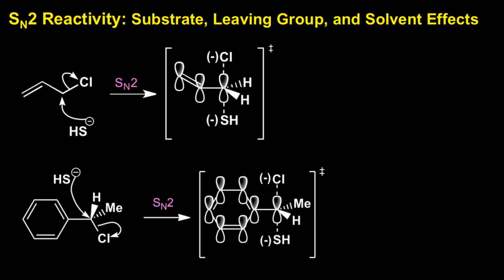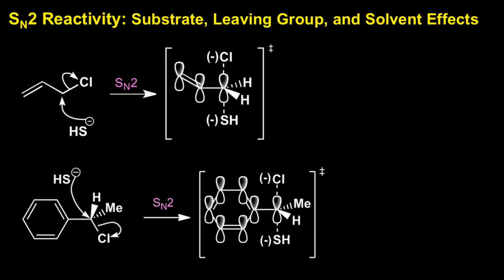Allyl and benzyl halides are in a class of their own when it comes to SN2. They react way faster than regular alkyl halides, thanks to something called conjugation. Here's what's going on. When the nucleophile attacks, the carbon forms a transition state, where it's briefly bonded to 5 groups. That central carbon starts to take on sp2 character, and a p orbital starts to form.